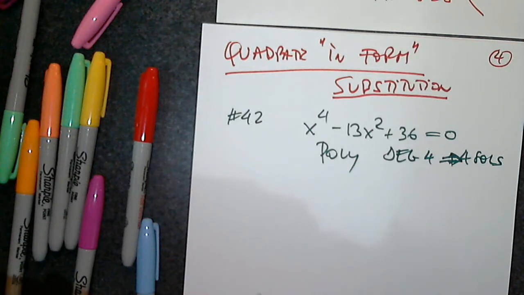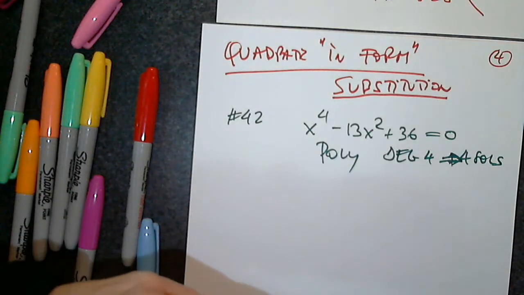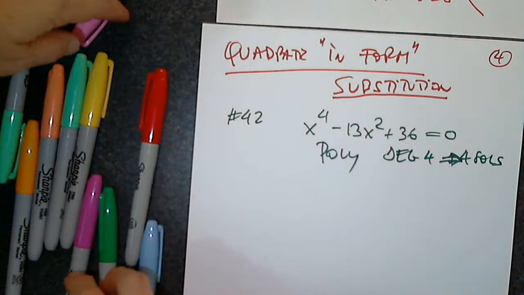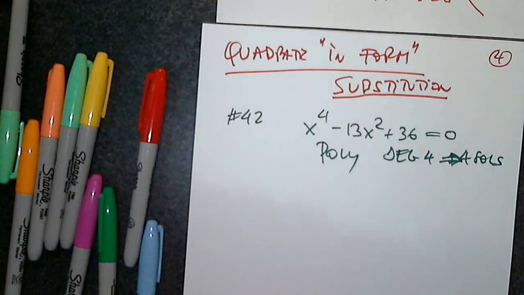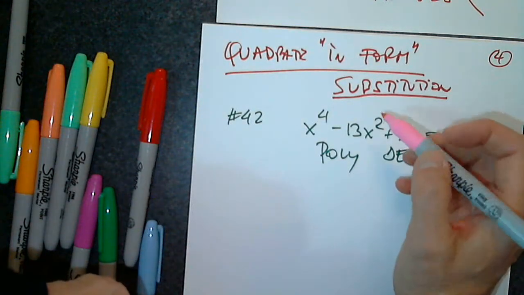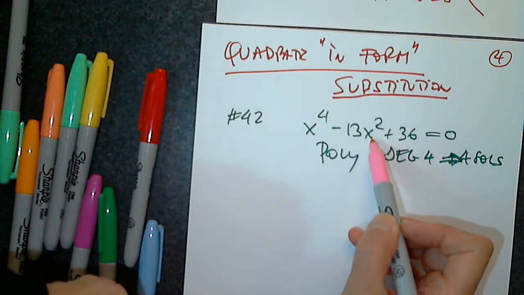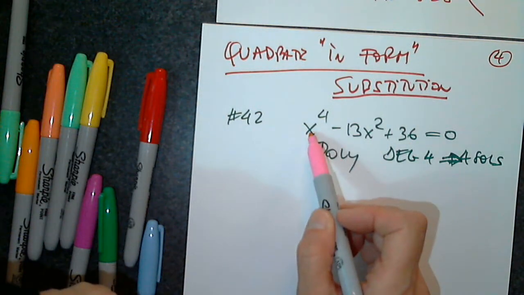So it fits 2 different categories. However, there is a formula for the 4th degree polynomial, but we don't use it. It's too much. So I noticed one thing, that this is x squared and this is x to the 4th.